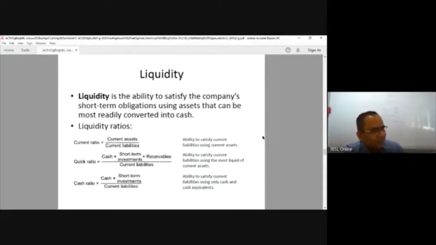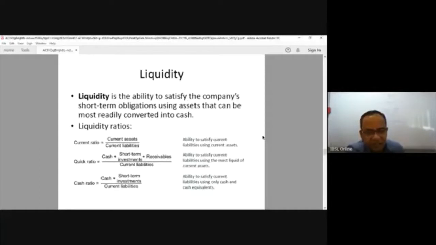Within 1 year, these assets, like bank balances, are immediate, and we presume that the inventory and so on can be turned to cash. So receivables and inventory are the famous ones, along with cash and bank balances and other financial assets, which form part of the current assets. Now, what is the total of current assets?